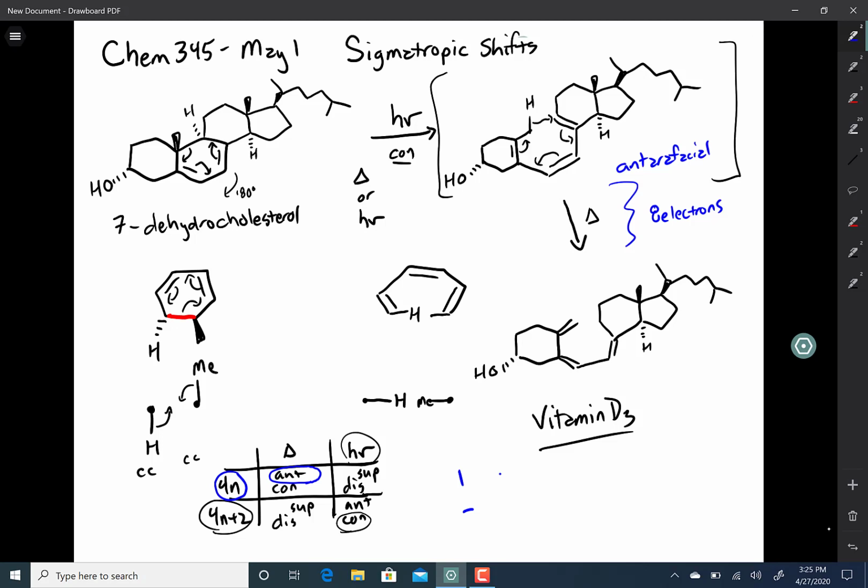And the name of this reaction, it's a sigmatropic rearrangement. And when we name sigmatropic rearrangements, we simply number on each side of the sigma bond, and then count to where it ends up going. And in this case, what we end up doing is getting what's called a 1,7 shift, because the new bond appears between atoms 1 and 7.